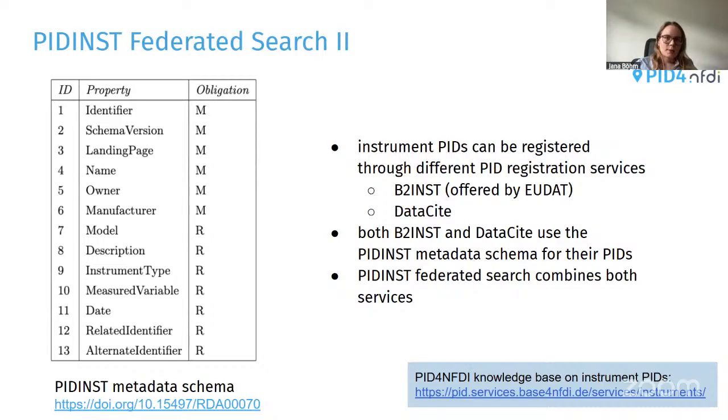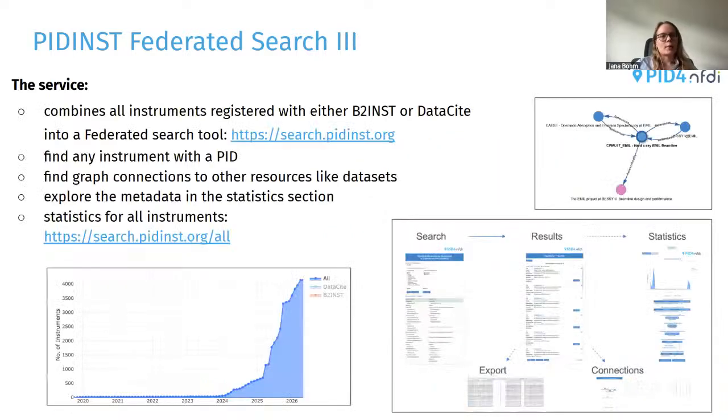Next slide, please. So going back to the PID-inst federated search, this search combines all instruments registered with either B2Inst or DataCite into a federated search tool. So the first capability is searching of this tool. And then you can use it to find instrument PIDs, to find connections to other resources, for example, data sets.